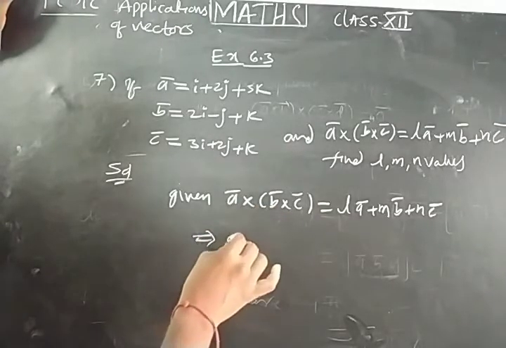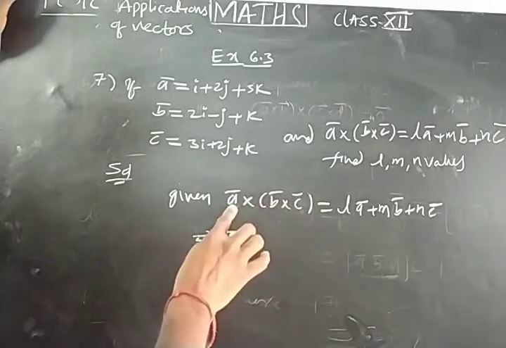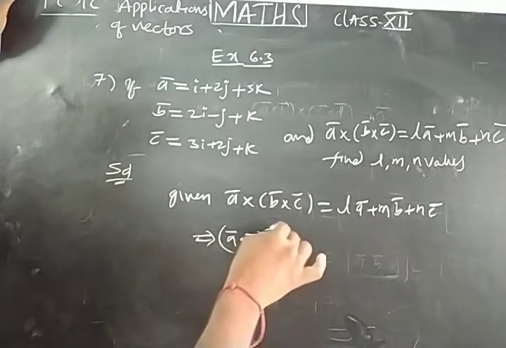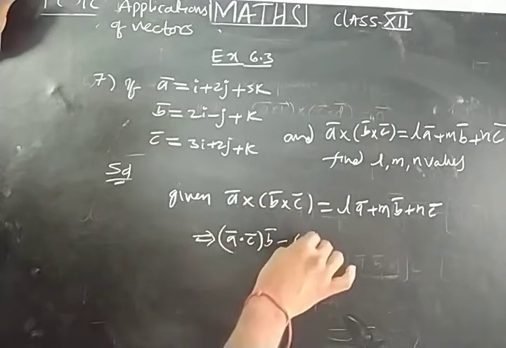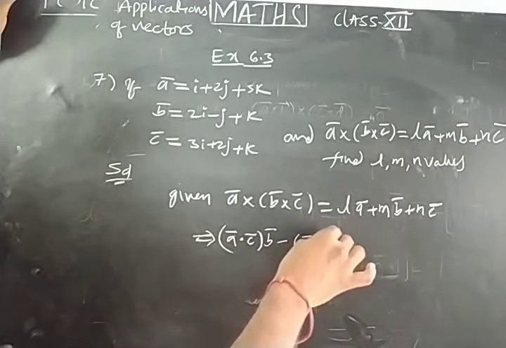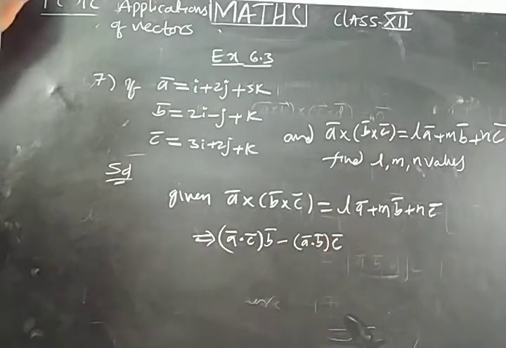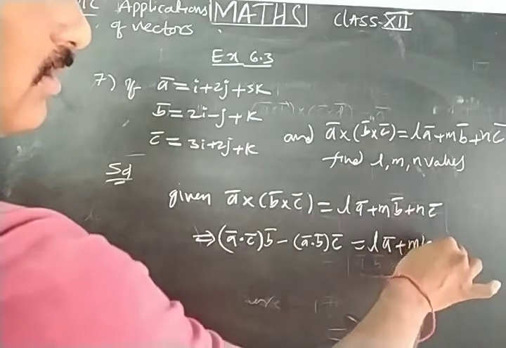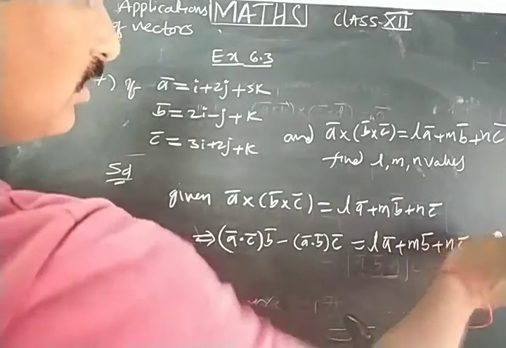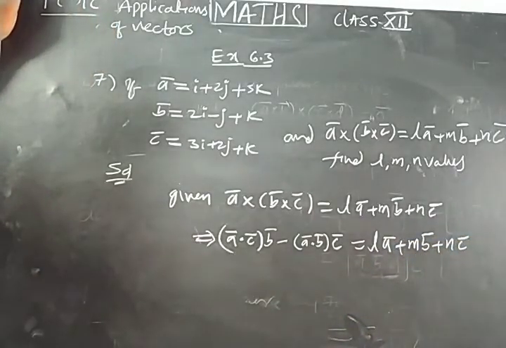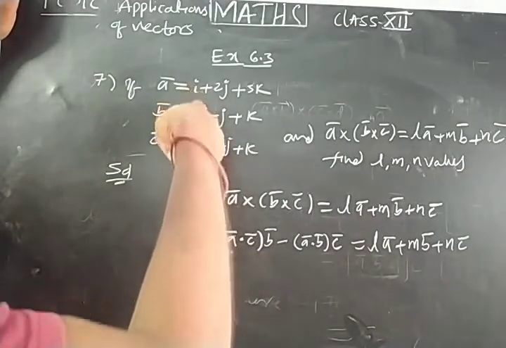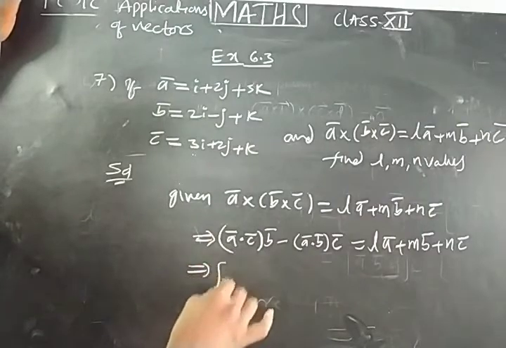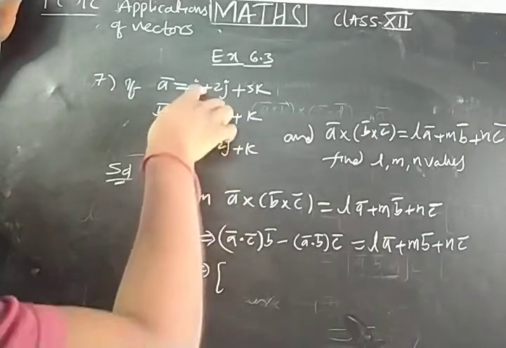We can write it as A bar dot C bar into B bar, minus A bar dot B bar into C bar, equal to L A bar plus M B bar plus N C bar. How do we compute A bar dot C bar? It is the product of the components of A bar and C bar.